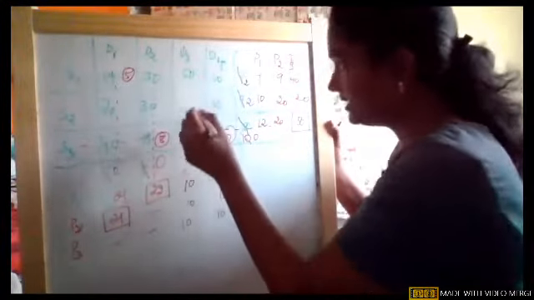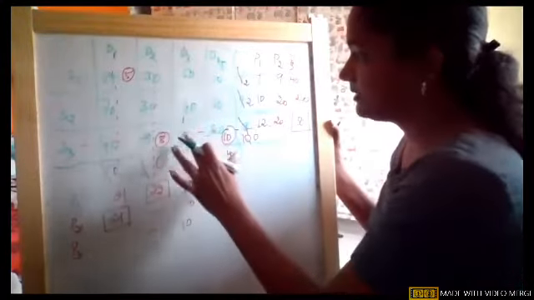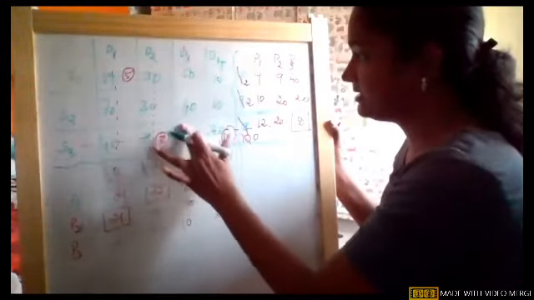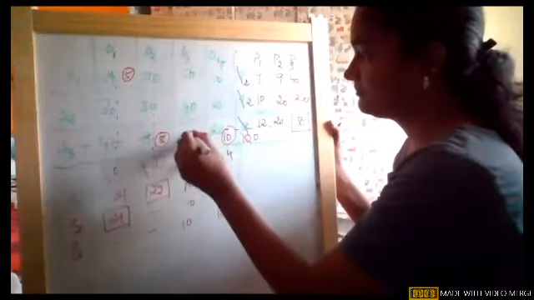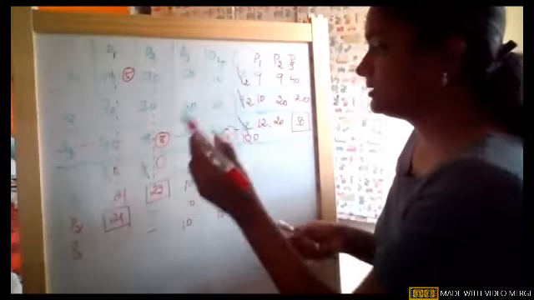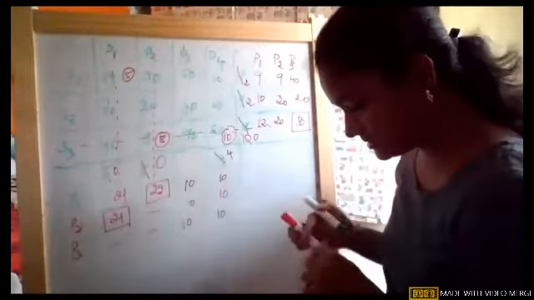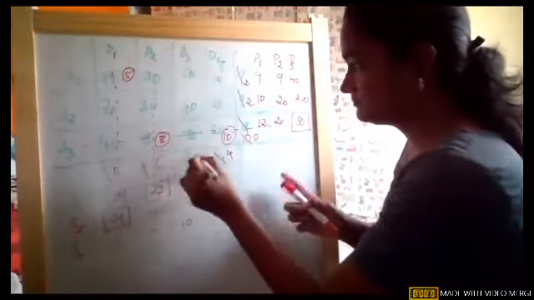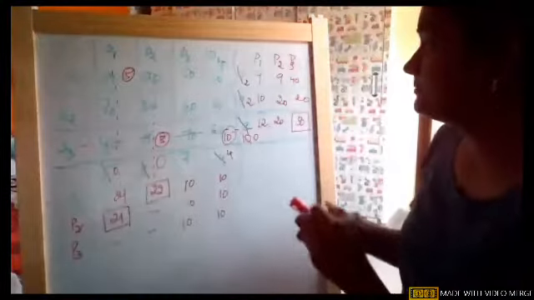And 40. And this is 70. Okay, this is gone anyhow, so no problem. Okay, here the value is 7.